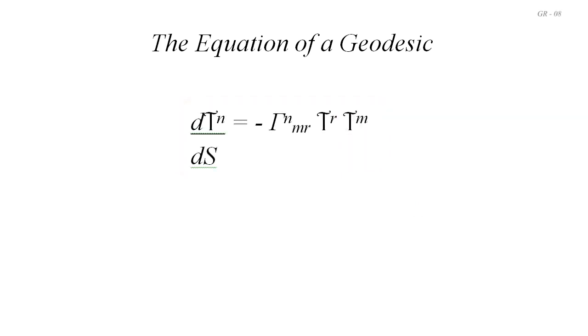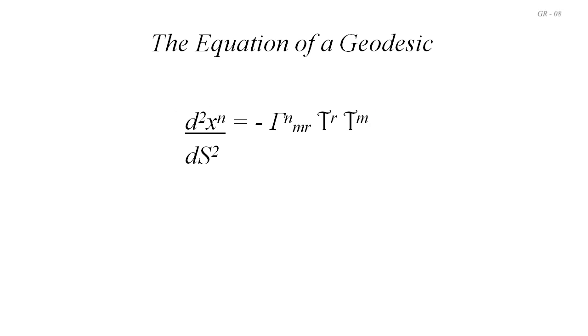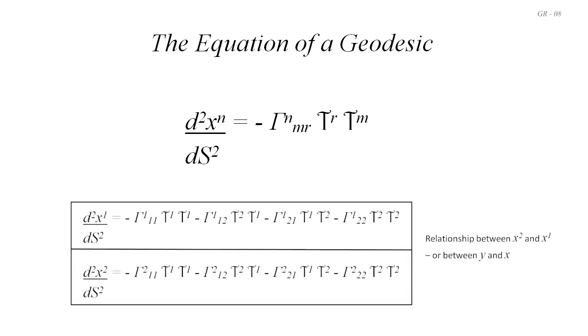And finally, one other manipulation of this equation is useful. On account of the fact that the tangent vector tn is given by dxn by ds, it means that this dtn by ds is really a double differential of xn with respect to s, so that the geodesic requirement finally becomes d2xn by ds squared equals minus gamma n mr tr tm, which in 2 dimensions would be these 2 equations.